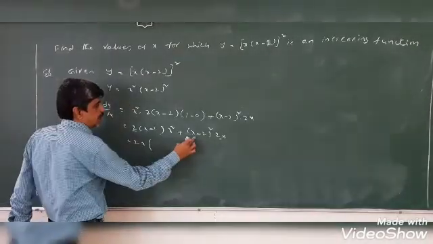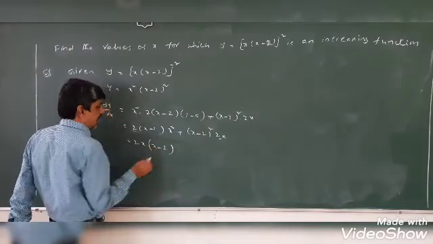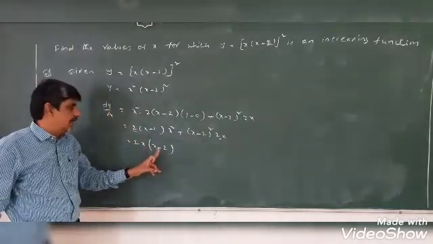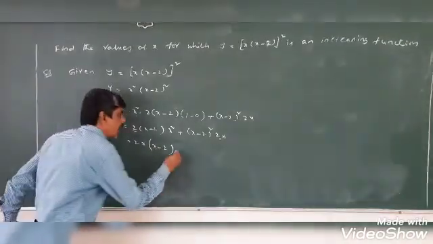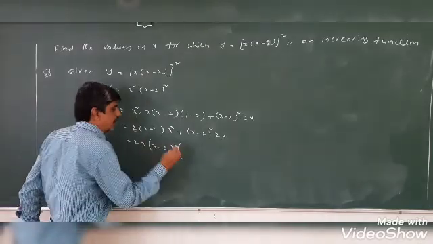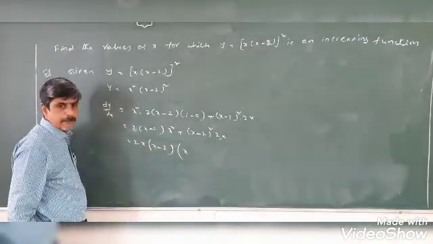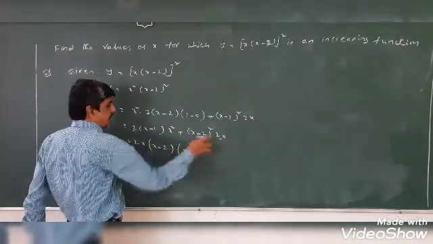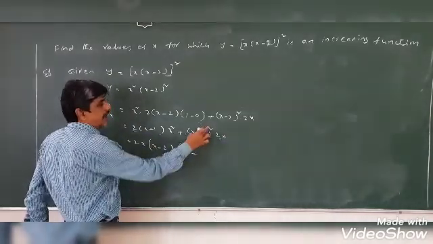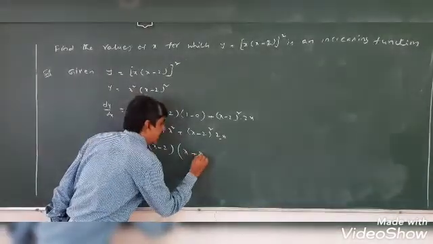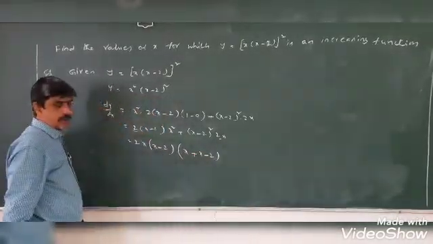Here x minus 2 is there, here also x minus 2 is there. Then common out from these two terms 2 into (x minus 2). After taking common out 2 and (x minus 2), here x is left. Plus here 2 taken common, x also taken common, and in (x minus 2) whole square, one (x minus 2) taken common. Then remaining is x minus 2.